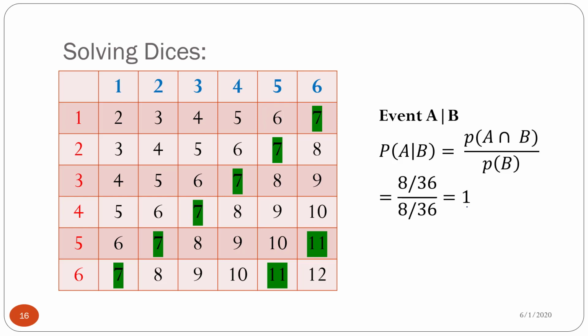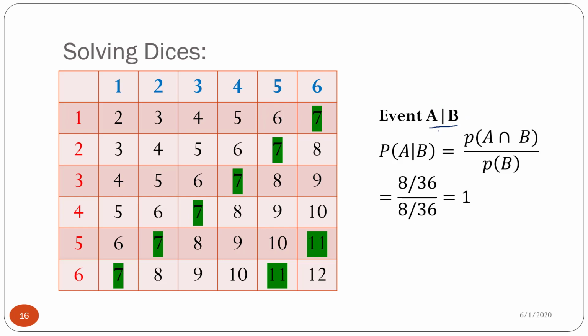Event B says that the sum has to be either 7 or 11. This is a very interesting case which needs some thinking. What is the meaning of A given B? It means the conditional probability of A given that B has happened.